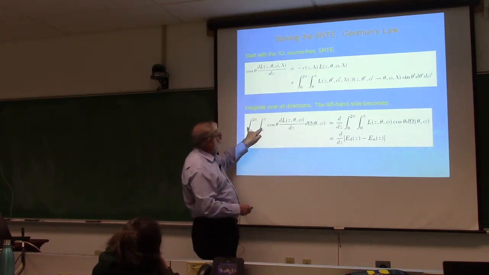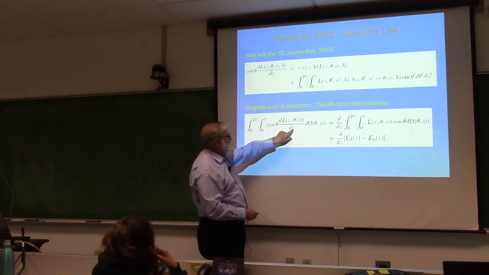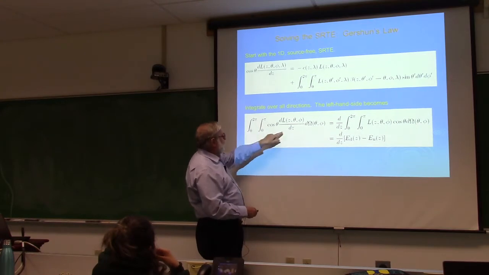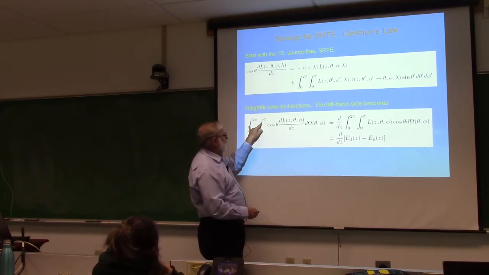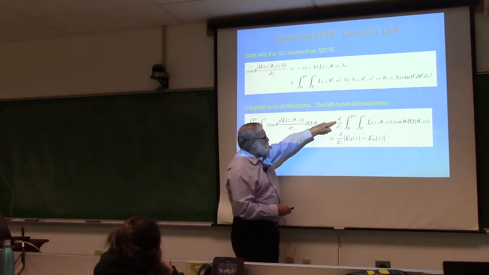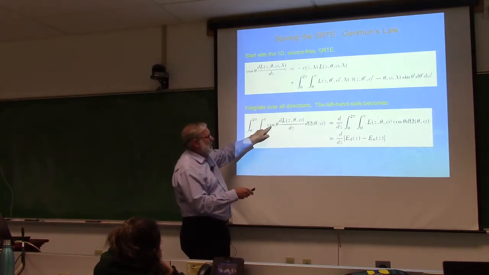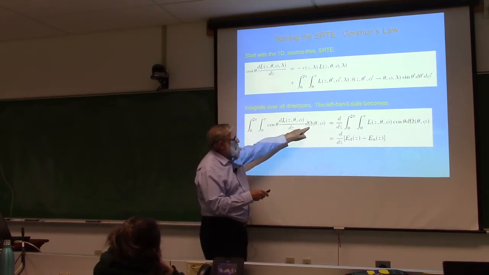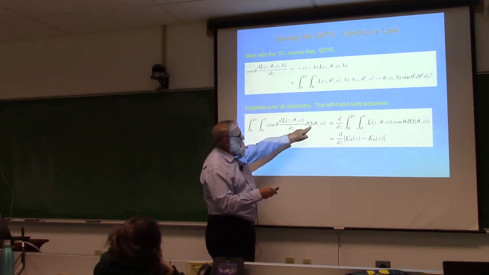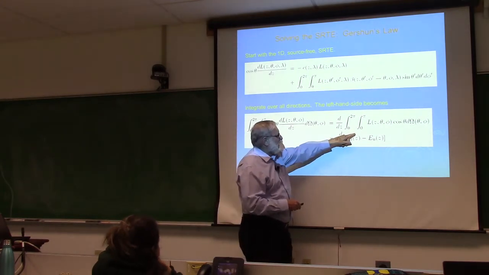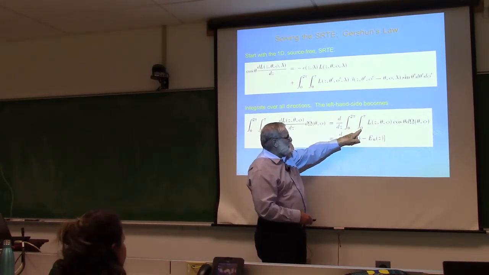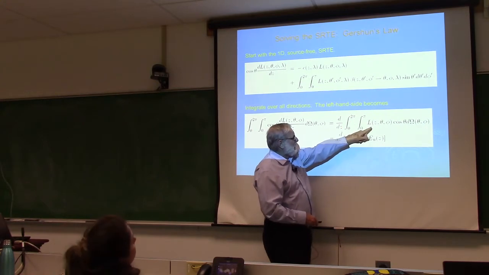Okay, well, these are integrals over directions, so I can interchange the depth derivative, which doesn't depend on direction, and the integral over direction, and I get a depth derivative of the integral of cosine of theta times radiance integrated over solid angle.